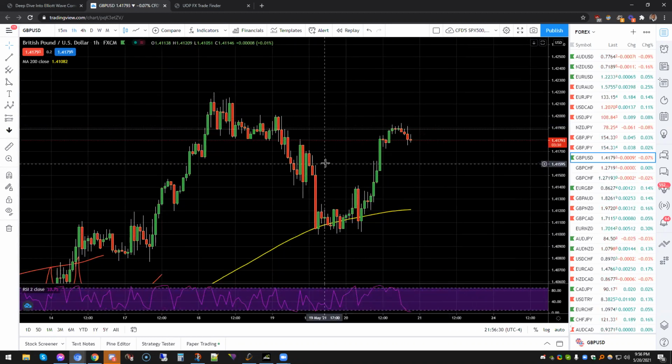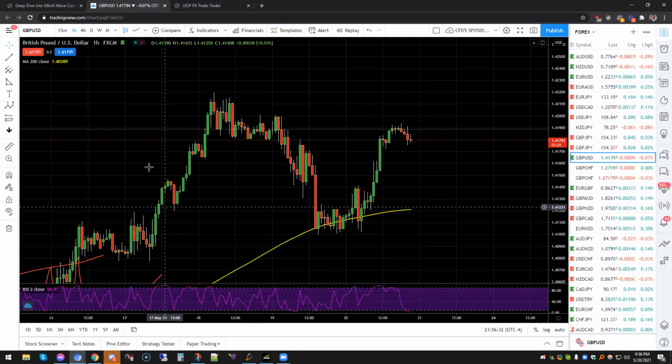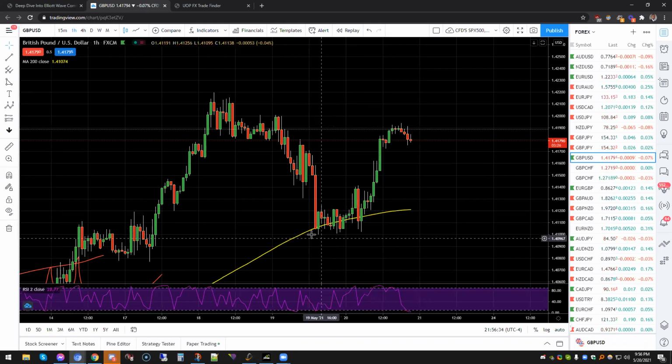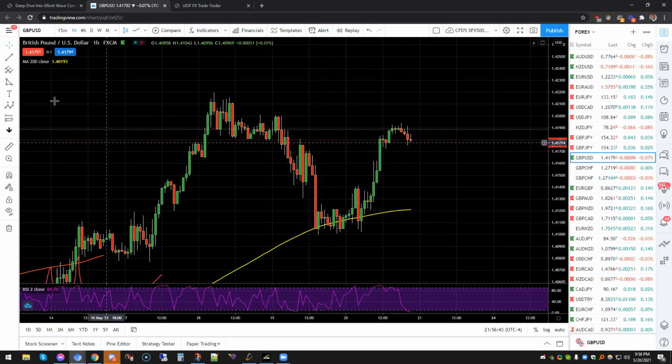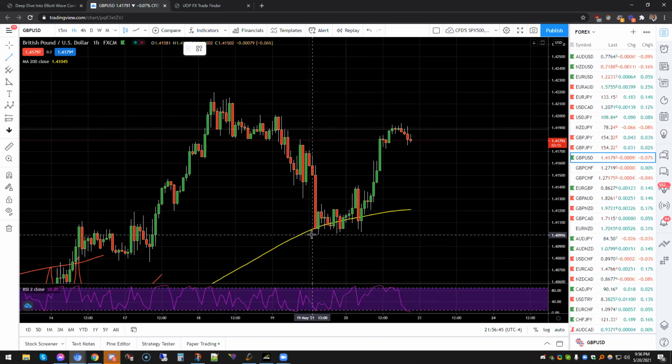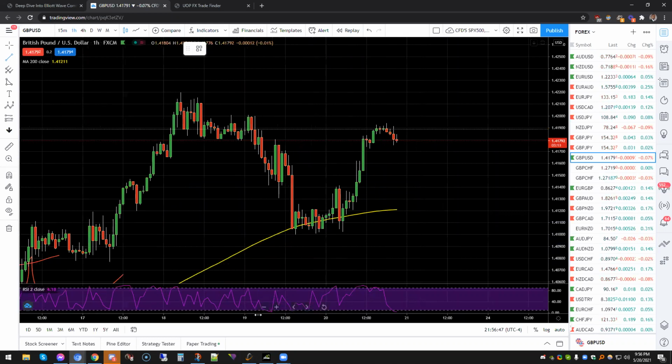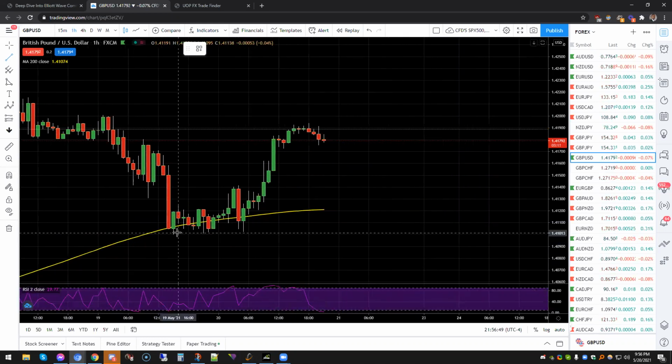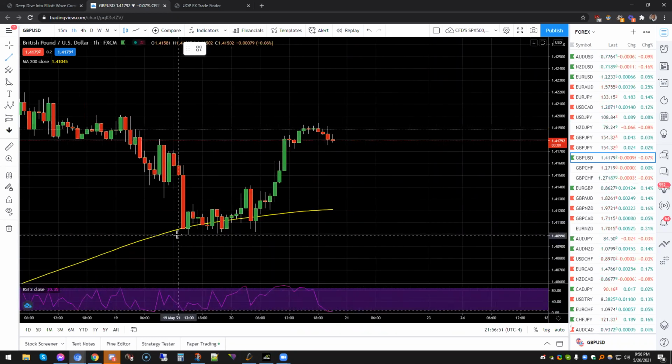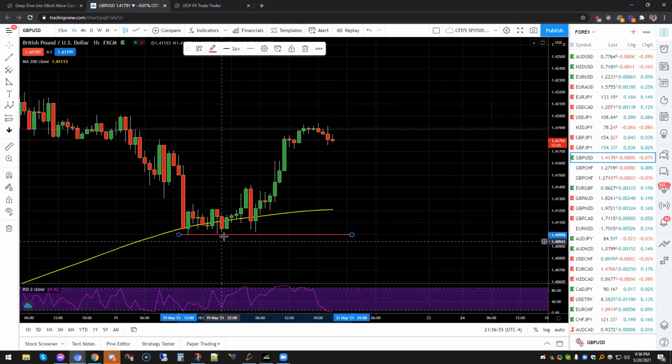Right now we have an incomplete formation, but let me see here. This is not quite a retest, right? Because if I draw my line right here, make this bigger, you can see clearly that this low did not break this one or match it.